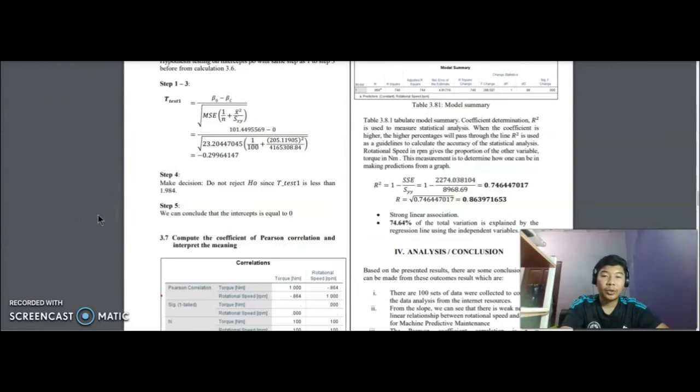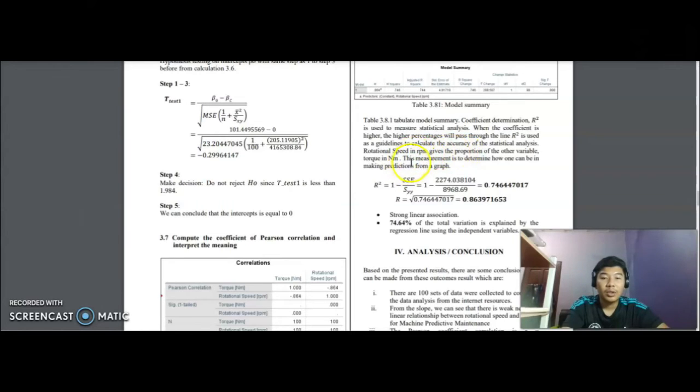Next I'm going to talk about table 3.8, which is the tabulated model summary. The coefficient of determination R square is used to measure the statistical analysis. When the coefficient is higher, the higher percentage will pass through the line. R square is used as a guideline to calculate the accuracy of the statistical analysis.